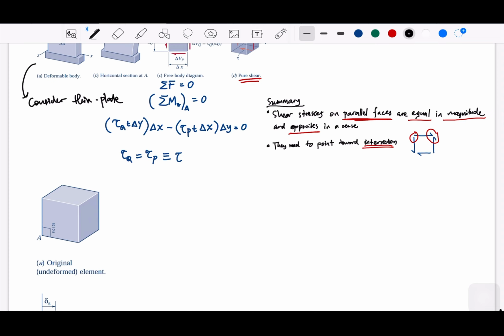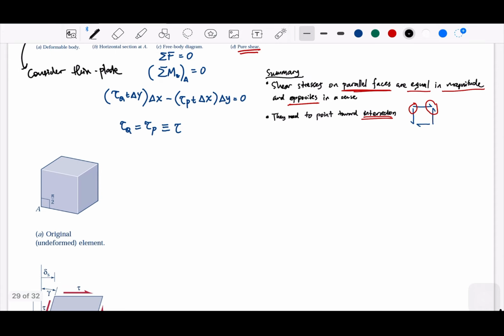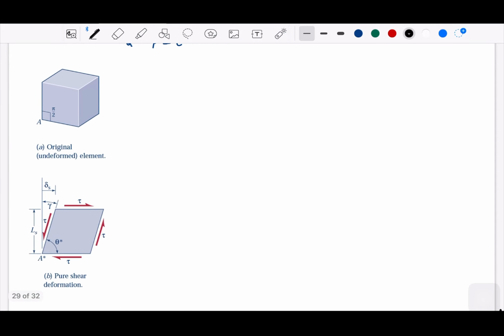I mentioned a little bit about shear strain. So let's say that we have a cube, like any material, any element. Let's say it's a perfect cube. If we push and make it deform, let's look at this second picture.